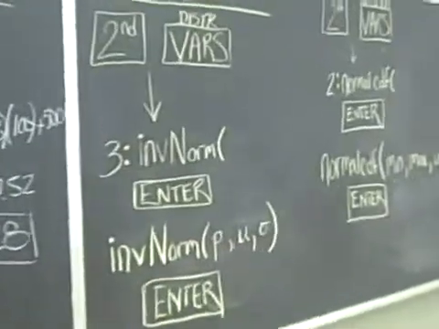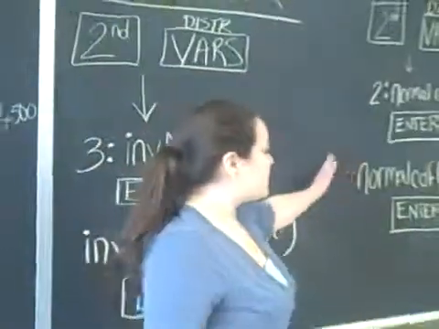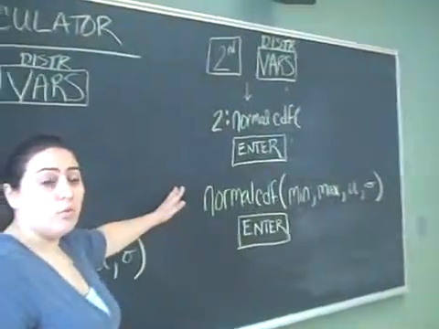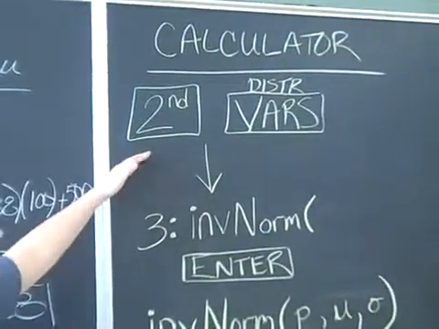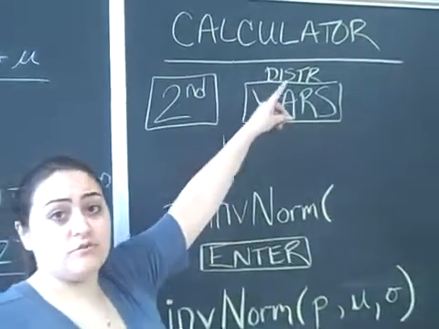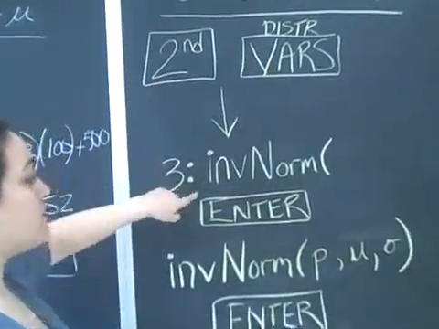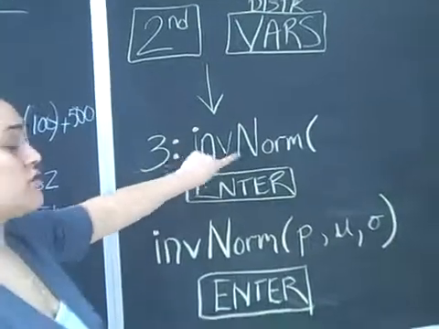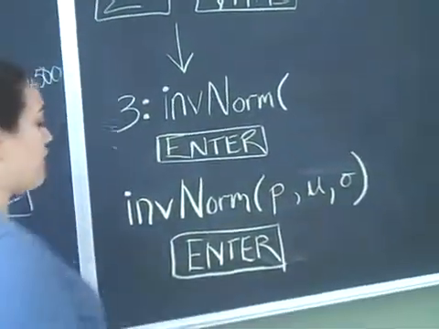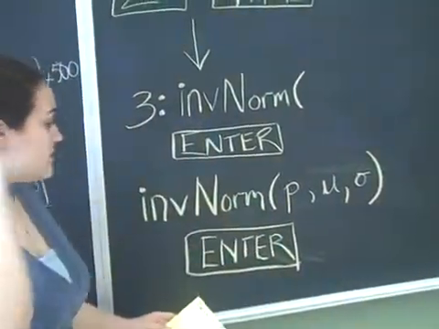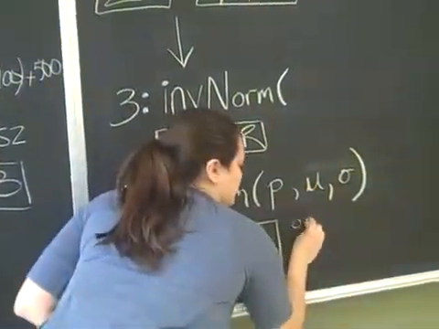Now, since we're working backwards, we don't use this first one where we find the p-value. We have the p-value. So we're going to use these steps here. Second bars to get the distribution menu. And you're going to arrow down to the third option here, inverse normal. After you push enter, you're going to put in whatever p-value was. So in this case, we're looking for 80%.